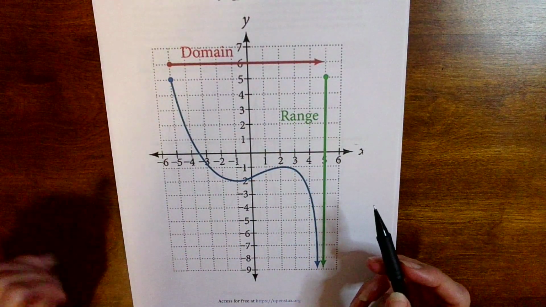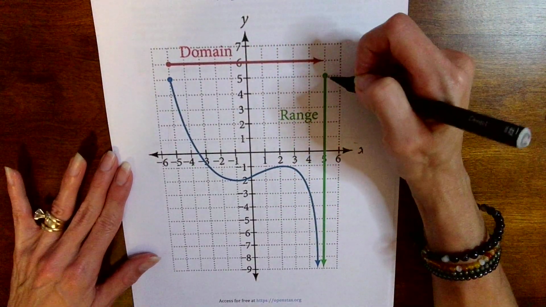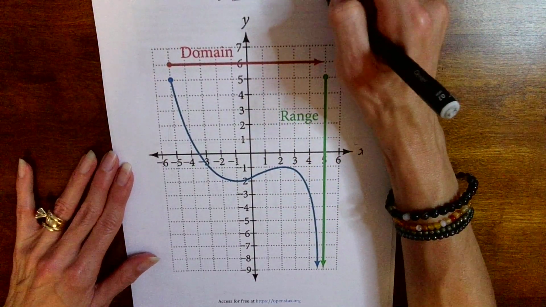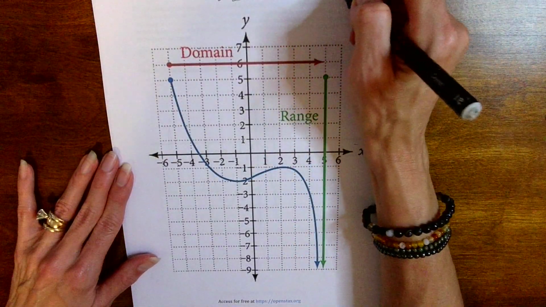And then the range is the y value, and it starts at 5 included, but it goes down forever, so it goes to negative infinity.